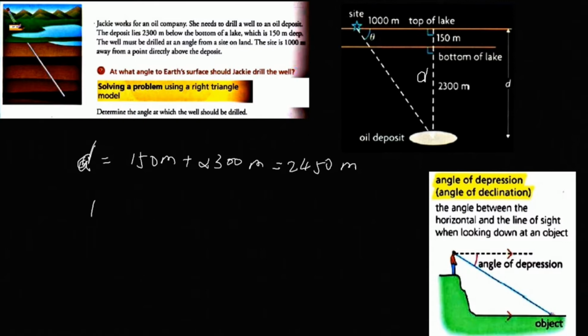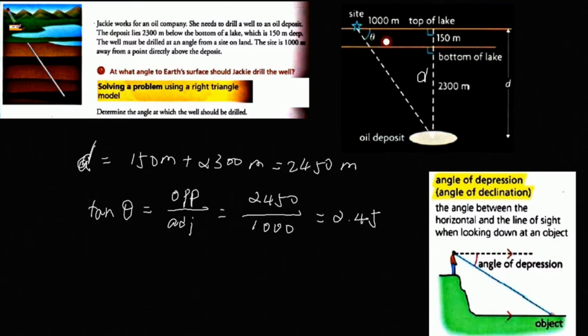So tangent theta equals opposite side over adjacent side. The opposite side is 2,450, and the adjacent side is 1,000 meters. So it equals 2.45. So we use the inverse tangent.